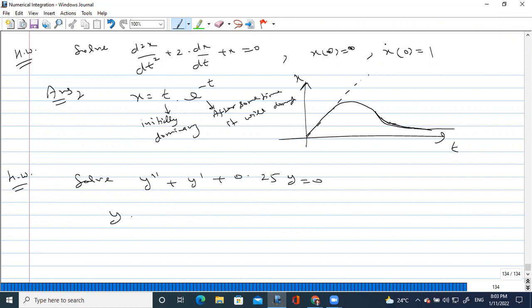Here the boundary conditions given are y(0) is equal to 3, y dash (0) is equal to minus 3.5. Here the answer will be y equal to 3 minus 2x, e to the power minus x by 2. So this will be the answer.